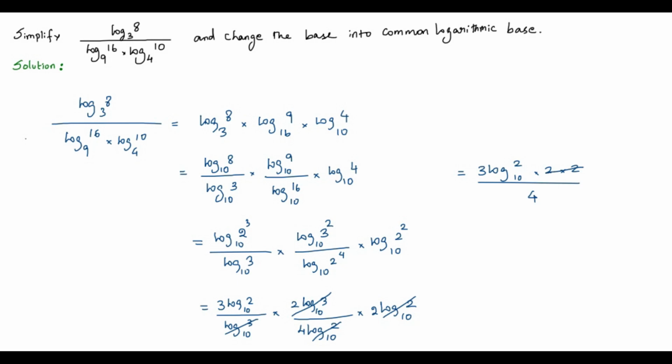So 2 times 2 is 4. So this 4 and 4 can be cancelled out. So we get 3 log 2 to the base 10. Now we got the simplification of the given expression into common logarithmic base. So the simplification of the given expression is 3 log 2 to the base 10.